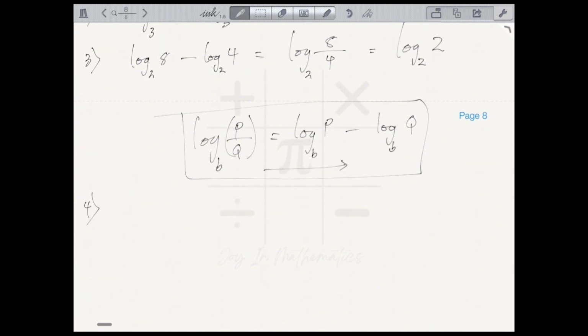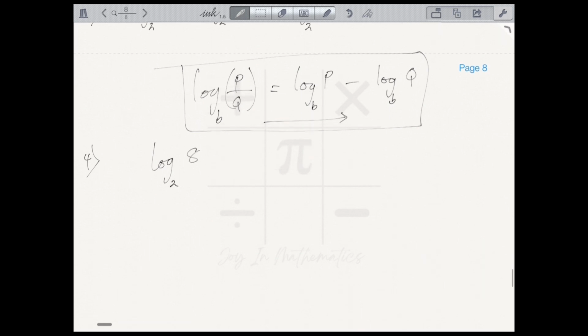Let's take one example on this. So we have log 8 to base 2. Now 8 can be written as 8 divided by 1. It can be written as 16 divided by 2. It can also be written as 24 divided by 3, and it goes on and on like that.